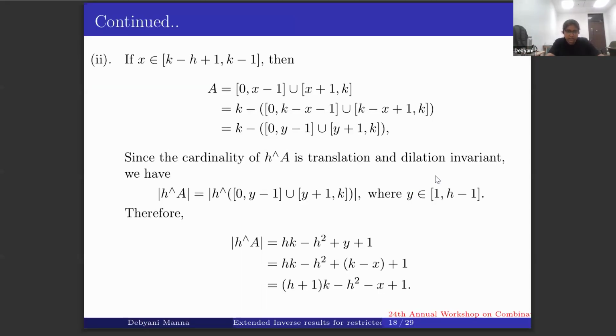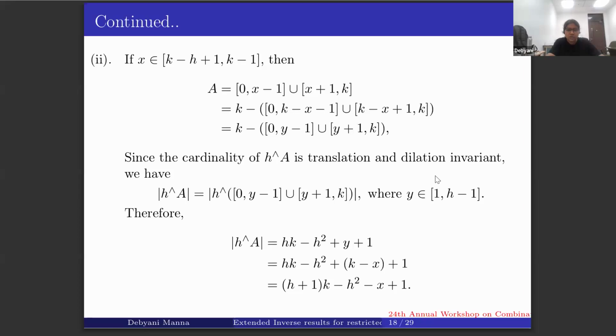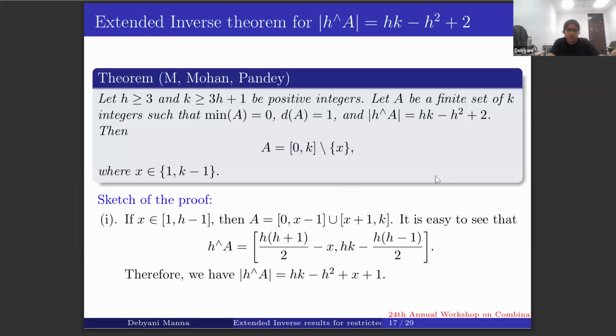Since this cardinality of the sumset is translation invariant, we have basically used this translation, and we finally prove that this will only hold when x will be k minus 1.